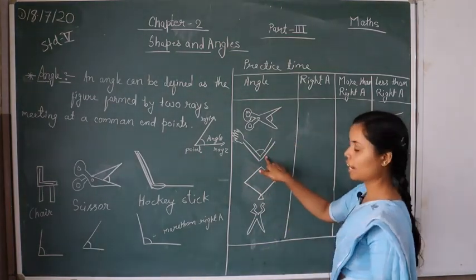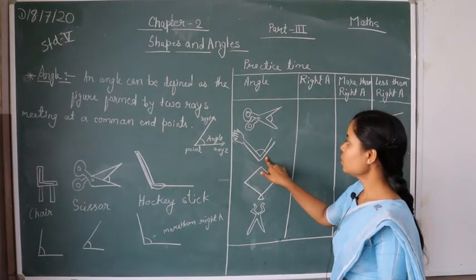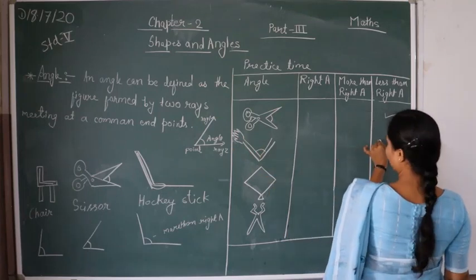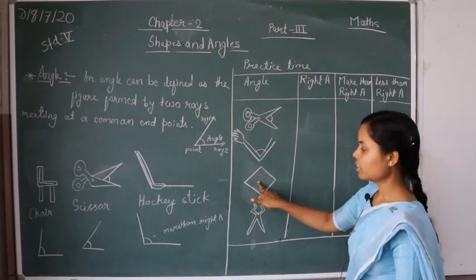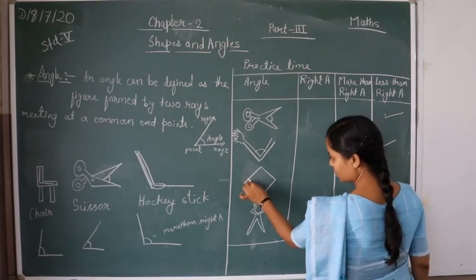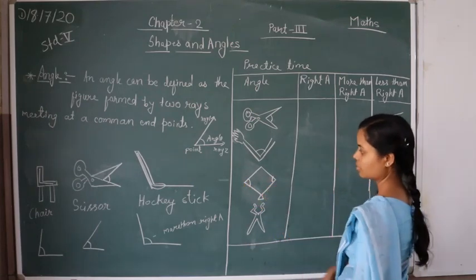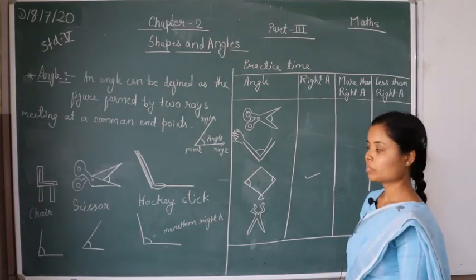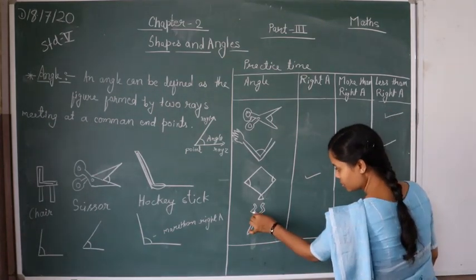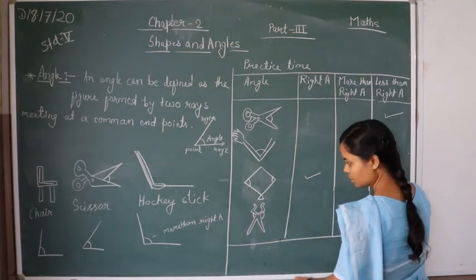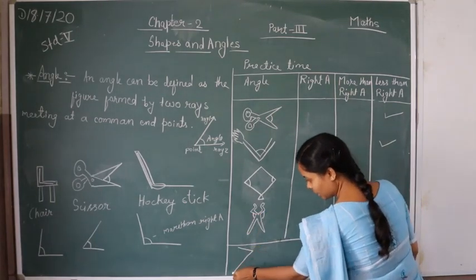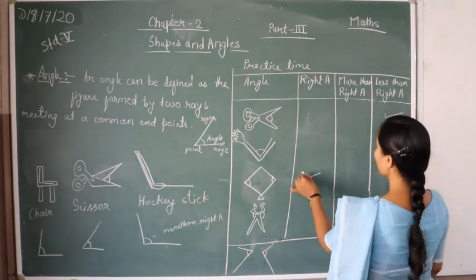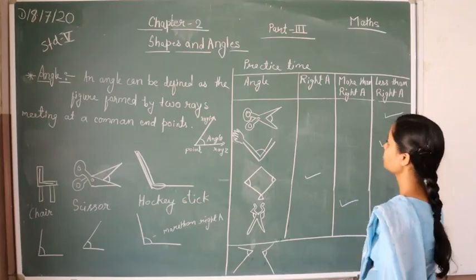If you make your hand as an angle, look here, less than a right angle. And now look at the kite. It makes a right angle, so we tick here. And in the last, look here and here. These make a shape like this, and these are more than a right angle, so we mark here.